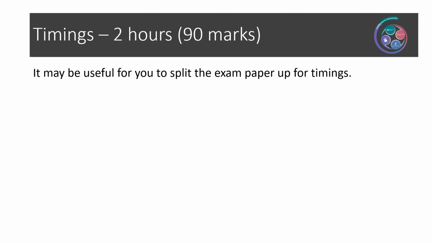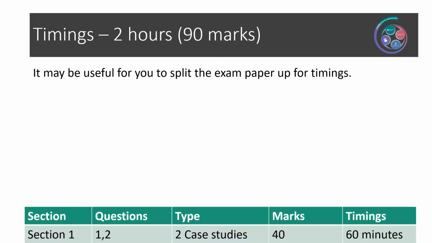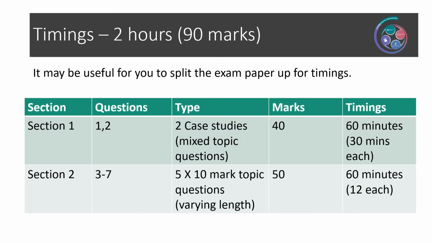Now, assuming that everybody has done a full prelim, the timings for the exam are 2 hours and you have 90 marks. Now for this, it may be useful for you to split up the exam paper for timings, just in your head. So section 1, questions 1 and 2, consist of 2 case study questions, and they will be mixed topics.